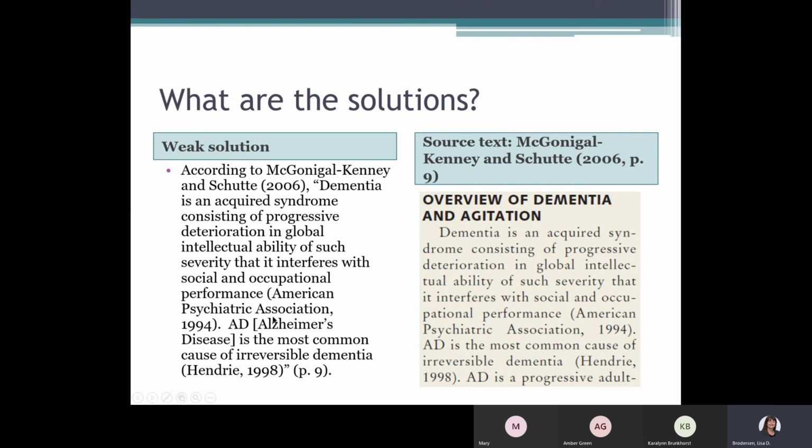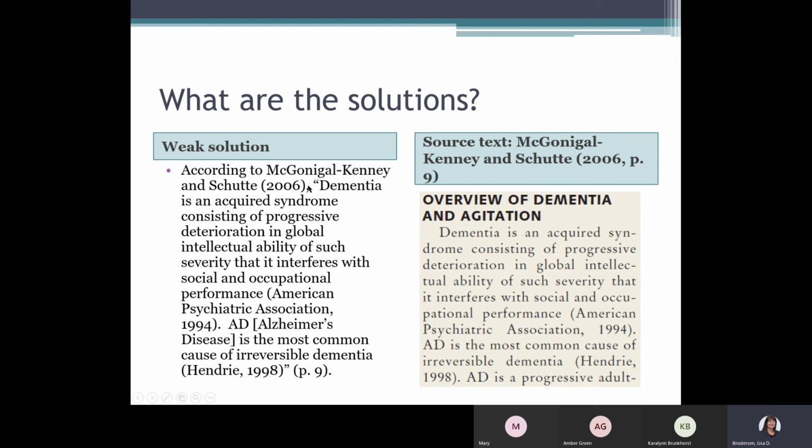And so it's permissible to add information to a quotation to define an abbreviation, or to add words that make the sentence flow smoothly and grammatically. And anytime you add information to a quotation, you need to denote that by enclosing those words in brackets for readers. So that tells readers that these words were not part of the original quotation, but I had to add them because I had to define this abbreviation for you.